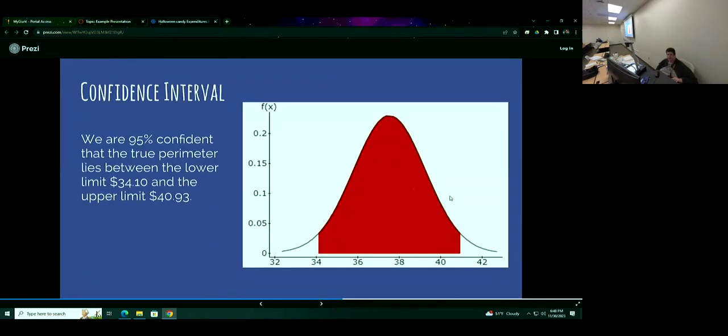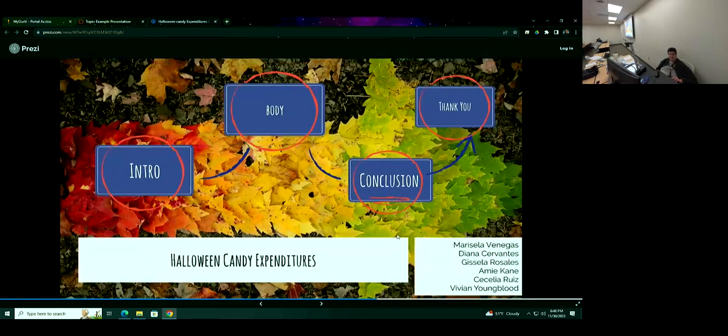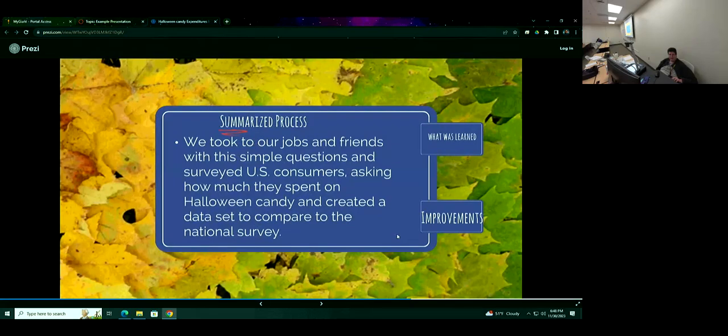They showed the confidence interval. They even had a nice little pretty plot with their data. They summarized what they did and what they could do to improve. So they asked people at their work.